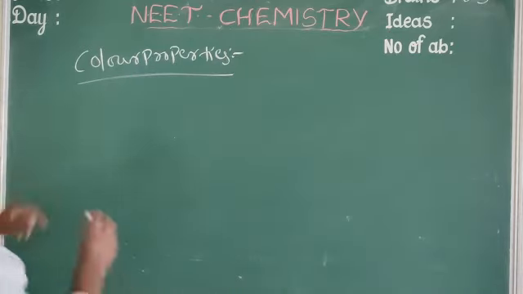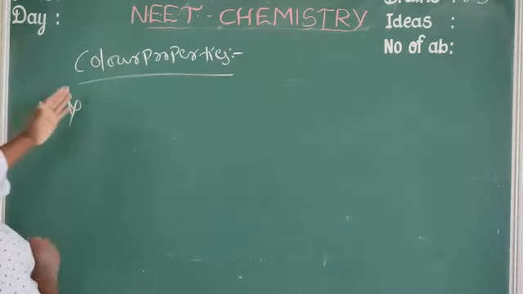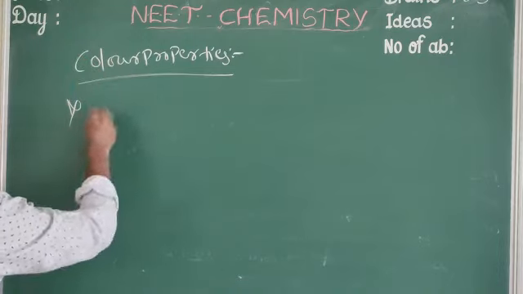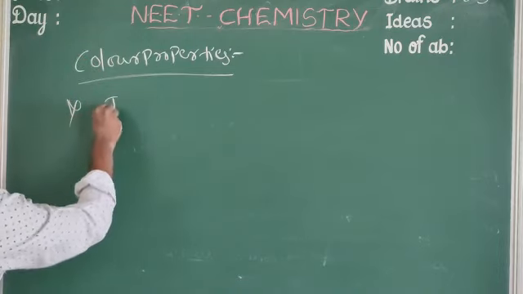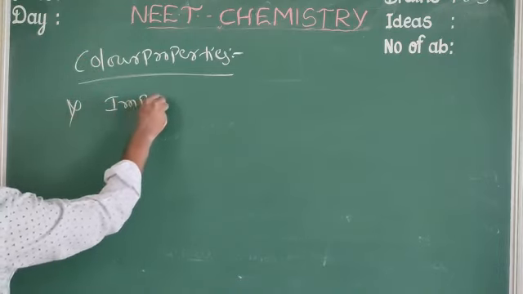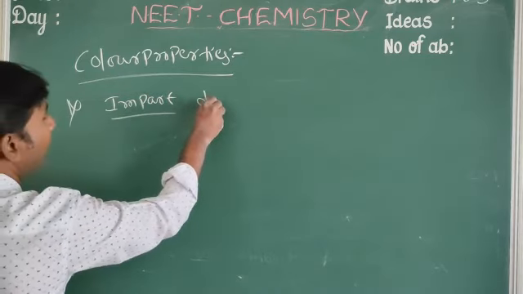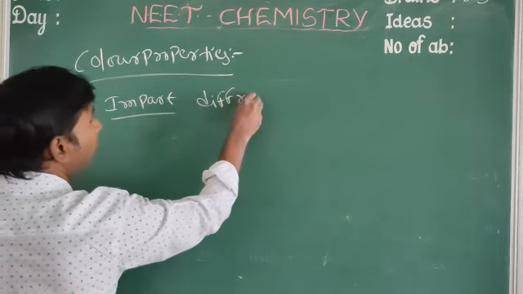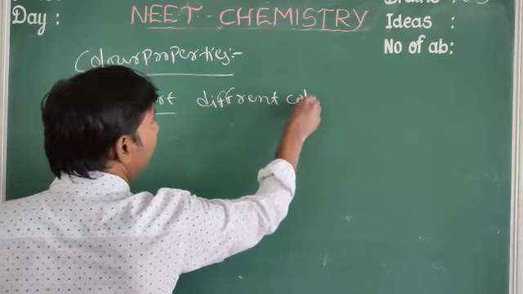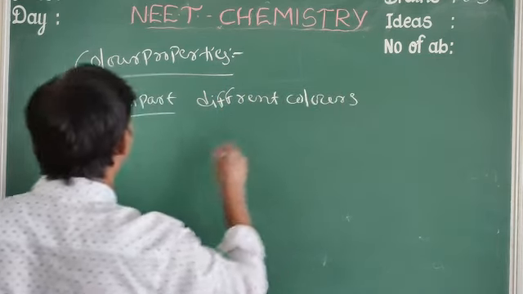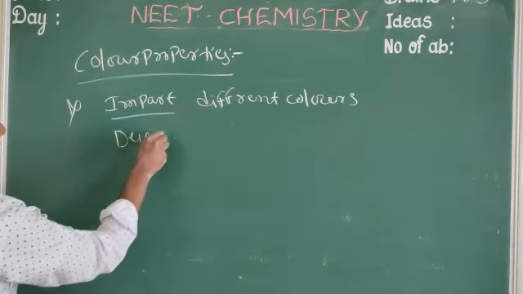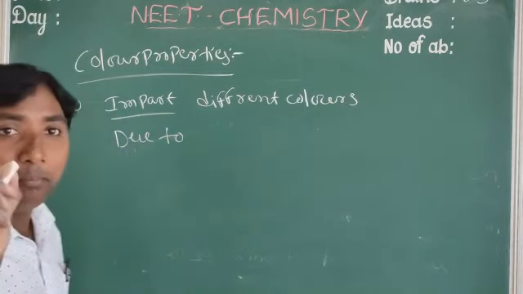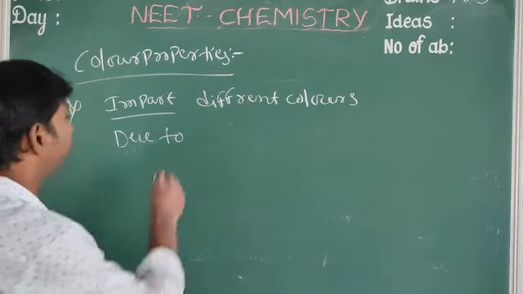Transition elements exhibit different colors. What is the reason? The presence of unpaired electrons.